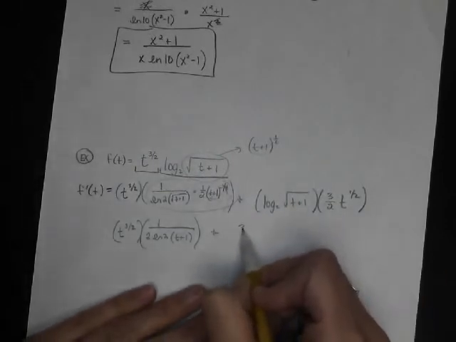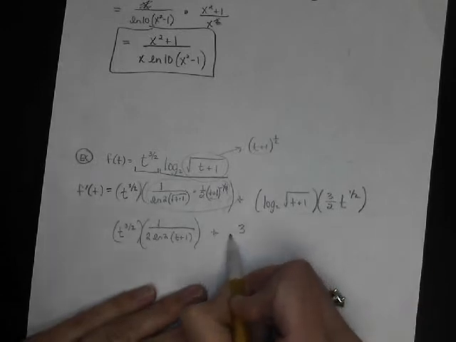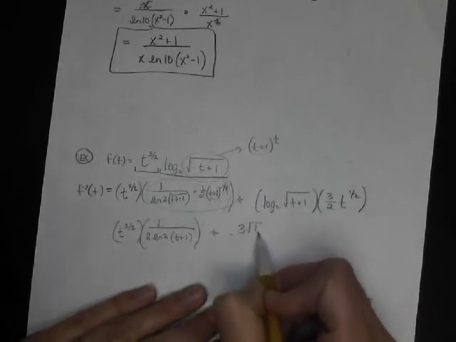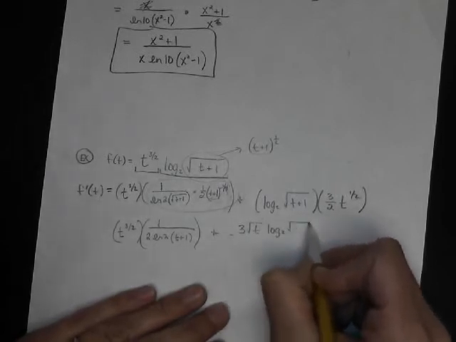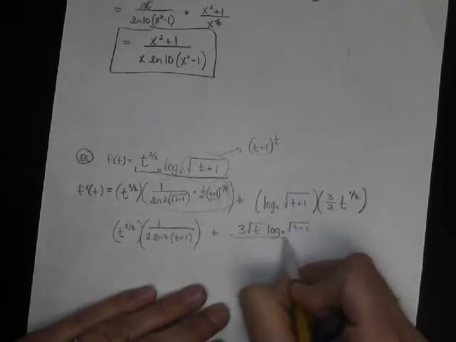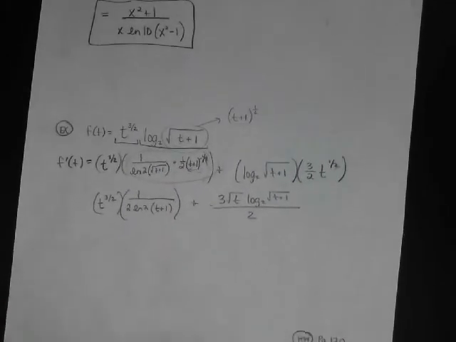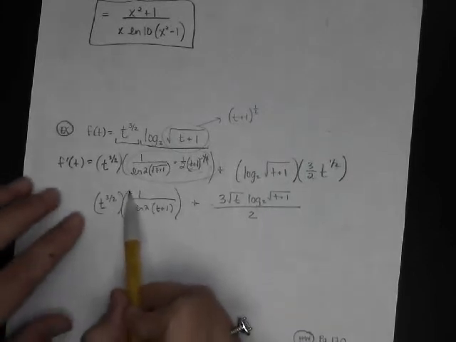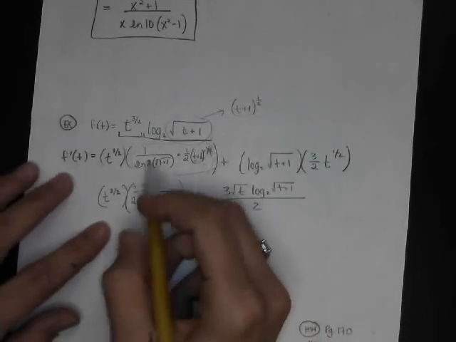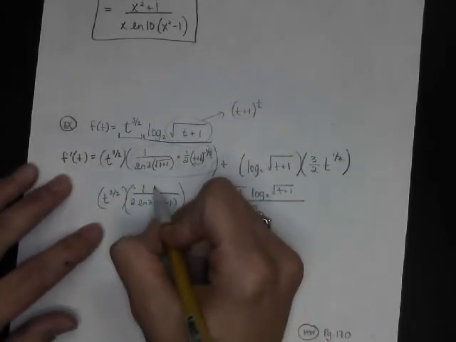if we want to make a fraction out of this, 3 will be up top. Root t will be up top. Log base 2 of root t plus 1 will be up top, and the only thing in the denominator will be the 2. If we want to get all things radicals, this would go up top here as just the square root of t cubed.